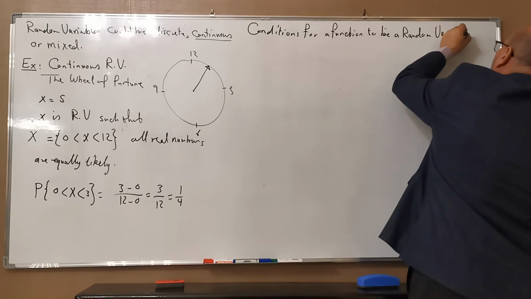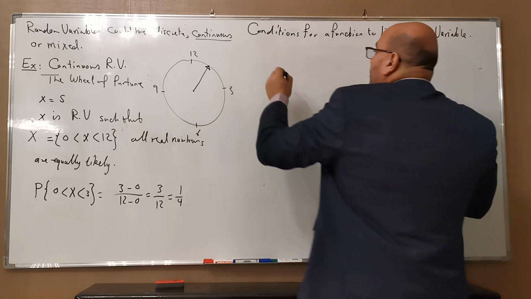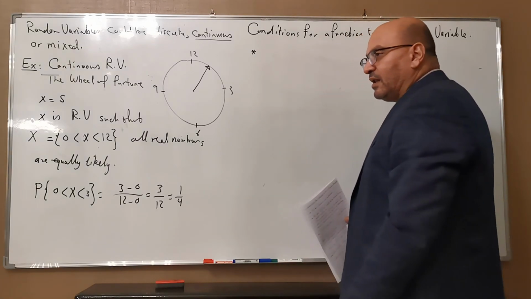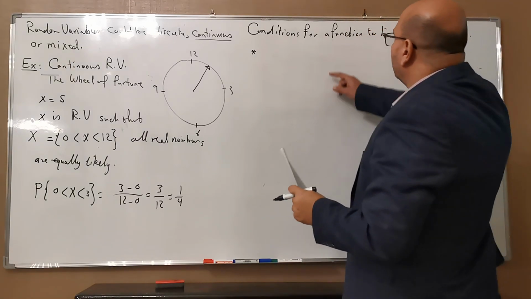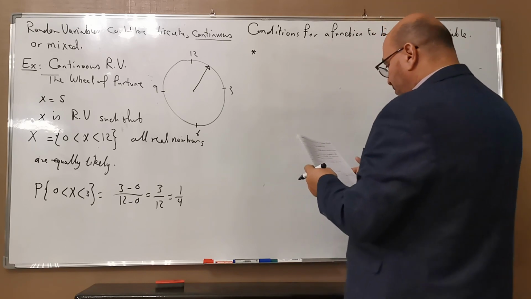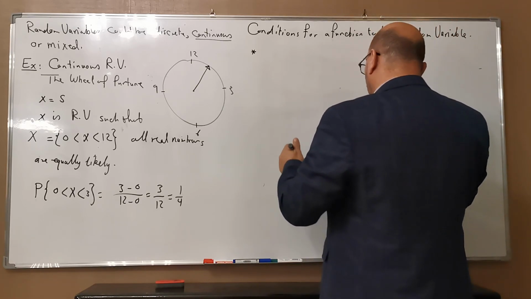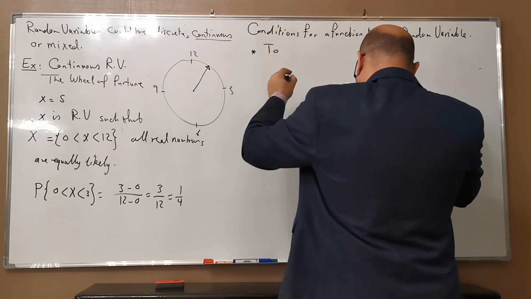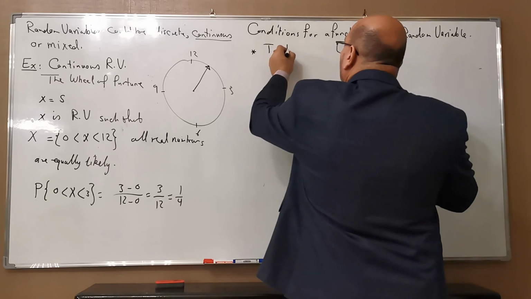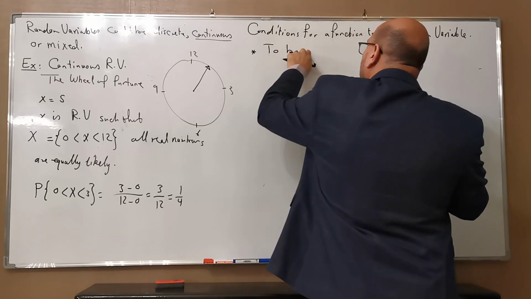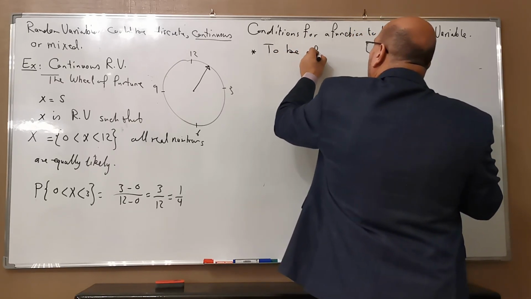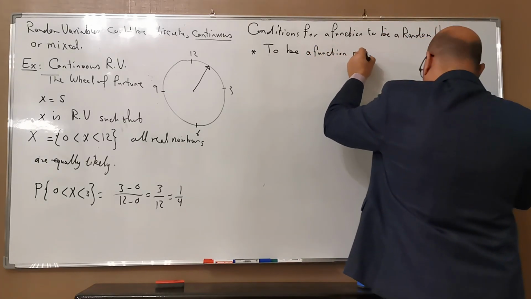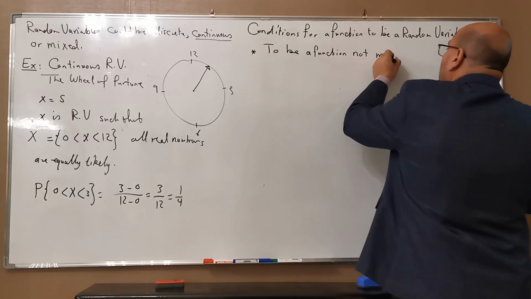Is it any function that in real life can be a random variable? What are the conditions for a function to be a random variable? First of all, it has to be a function, not multivalued.